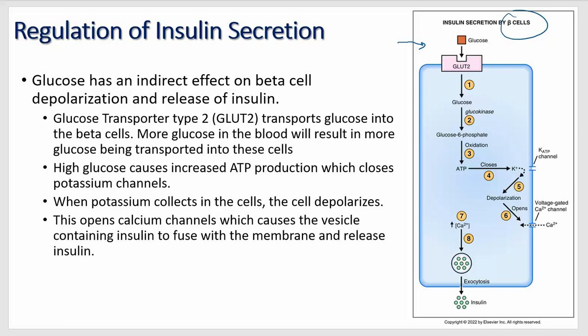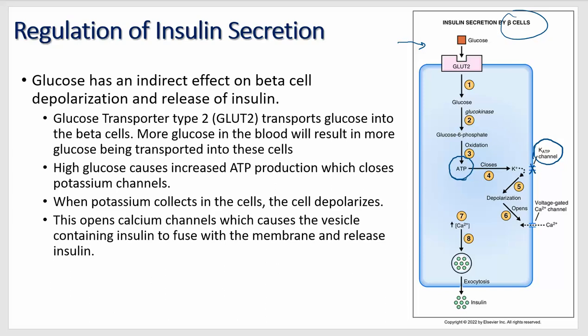This is in the beta cells, so it's not concerned about muscle contractions or anything like that. This is a glucose sensor mechanism. That's the whole purpose of it. When the glucose moves in, it makes ATP. There's this little potassium channel over here that is sensitive to ATP. When there is a lot of ATP, this channel will close.